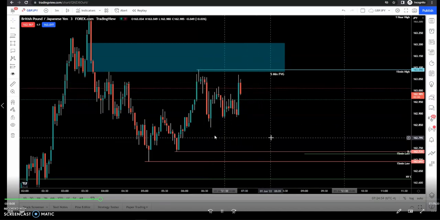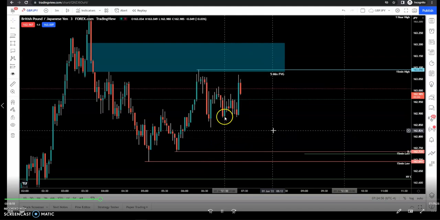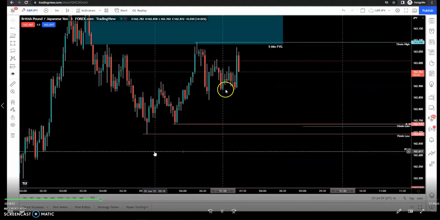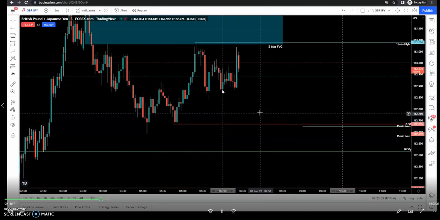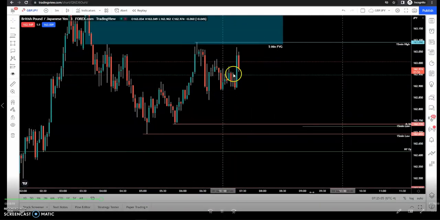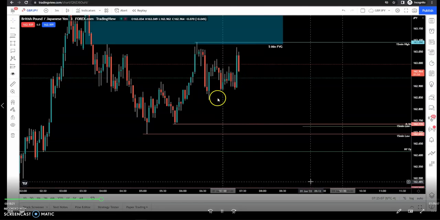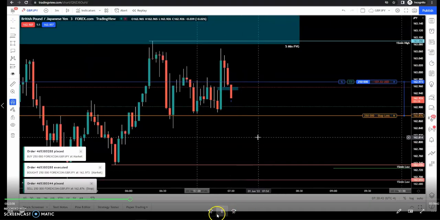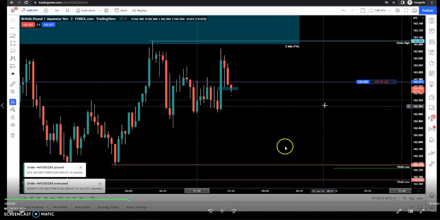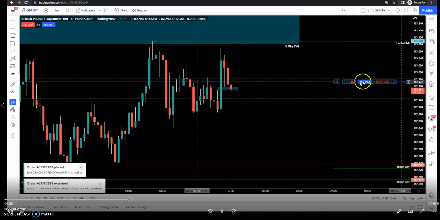Only problem that I had here was I didn't break any lows, so the first trade was a mistake. I have to break some sort of low in order for this structure to be valid. So when I enter, and I'll quickly move that along so that you can see, right there, I entered, but I entered half the position.